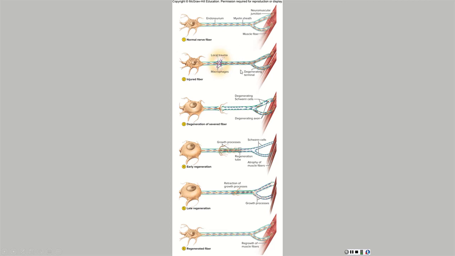And here in the second image, we see what happens if this neuron was damaged at some point along the axon. So the axon has been damaged, and when that happens, everything beyond the damage site, so everything distal to the damage site, is basically going to wither away and be degraded.